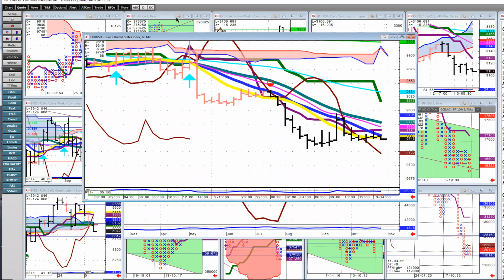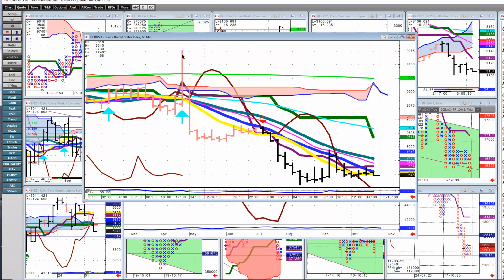Here's what these pink bars are, Wednesday. And there it is. And then they just started going. Right there is 2 o'clock. And then they just went. And then right after that, the indices went with it.